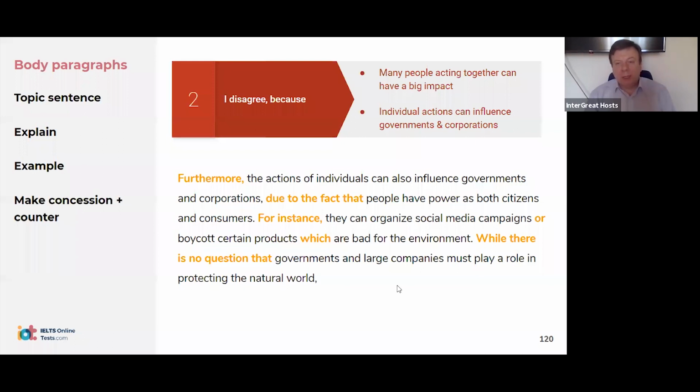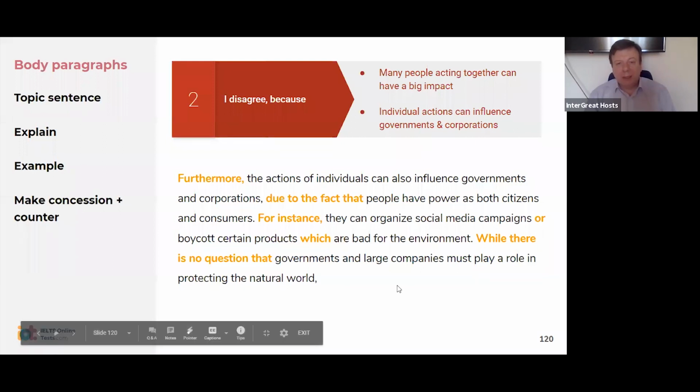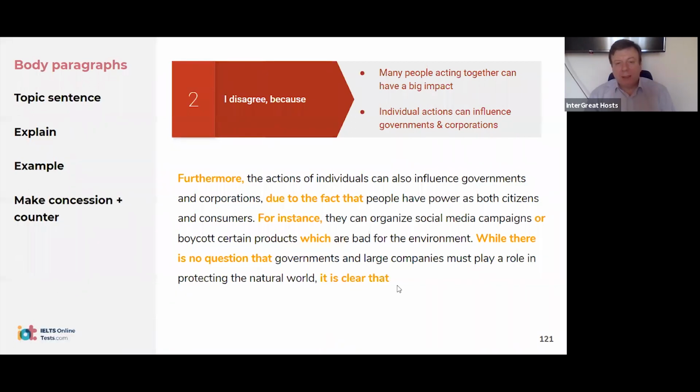So large companies must play a role in protecting the natural world. It is clear that individuals and communities can put pressure on these to act.